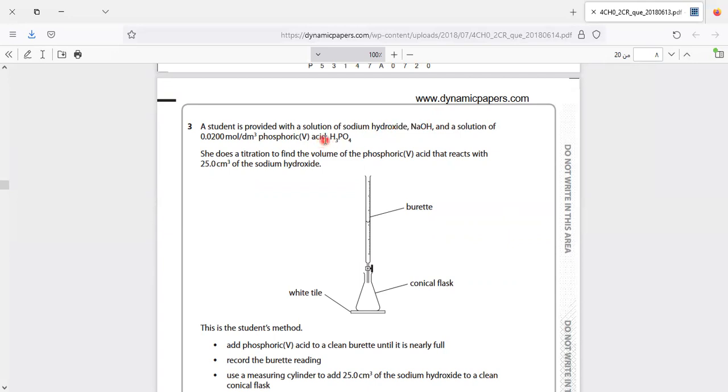So this is a titration process, a neutralization reaction. What did she do? She does a titration to find the volume of the phosphoric acid that reacts with 25 centimeter cube of sodium hydroxide. So this is a titration between sodium hydroxide and phosphoric acid.